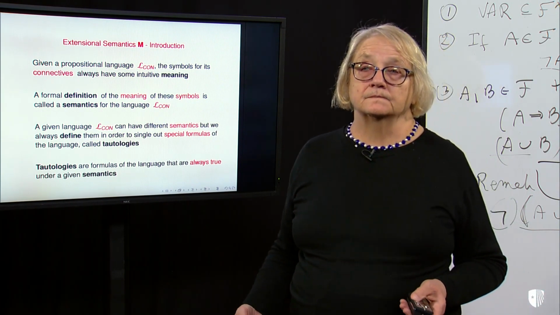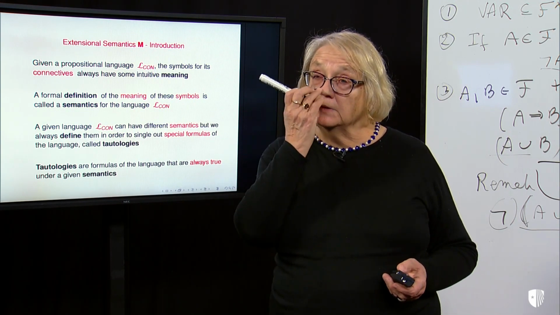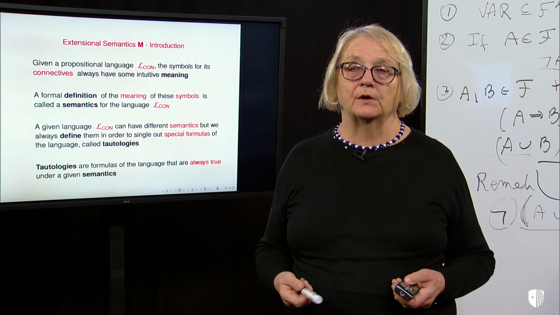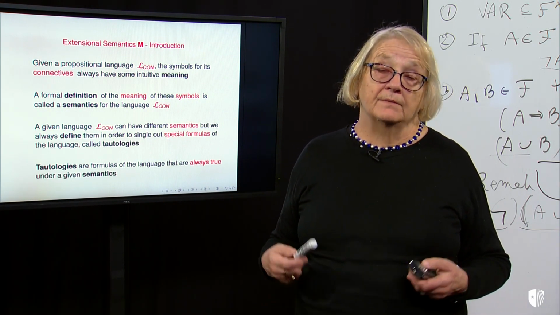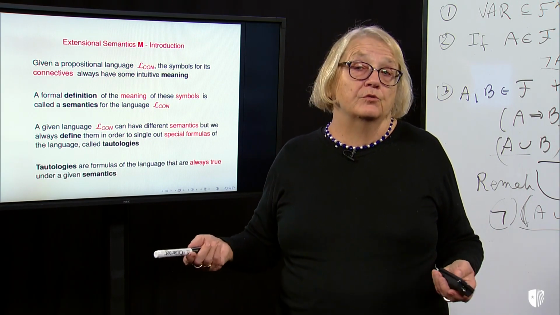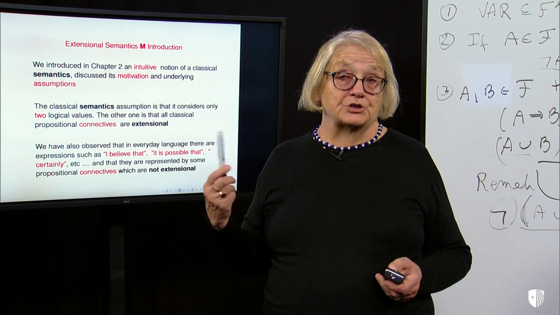And also, there is one more thing: we single out special formulas of the language, which are called tautologies. Intuitively, tautologies are formulas of the language that are always true for a given semantics. We introduced the whole intuitive idea in chapter 2.